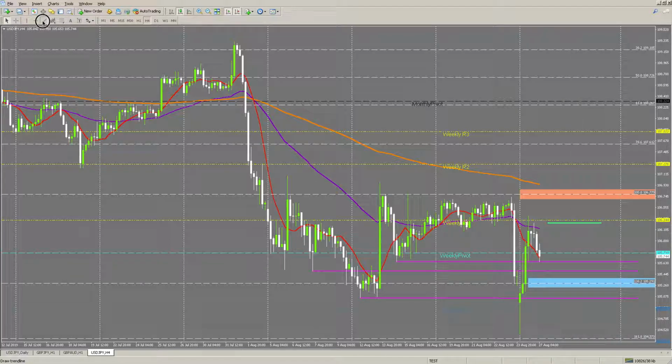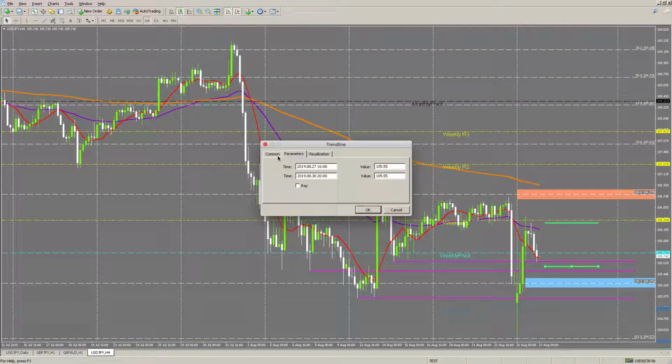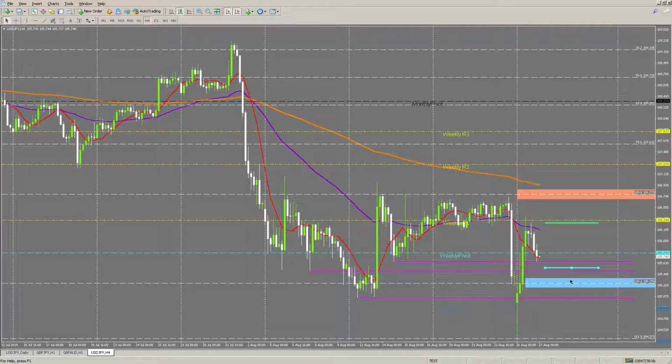And assuming we enter at around 105.55, let's say, that will be our potential entry level. So that is already 75 pips to get up to that area.